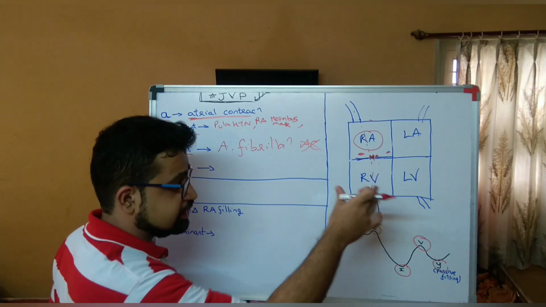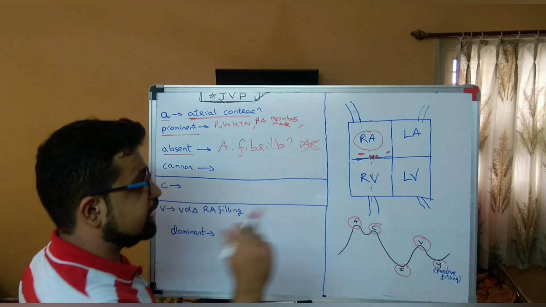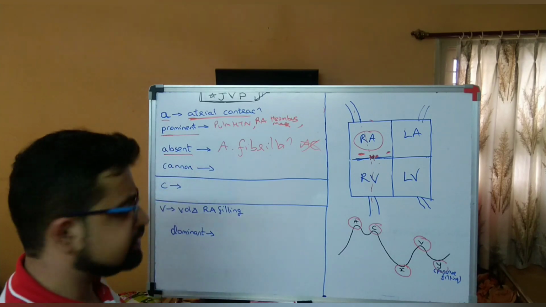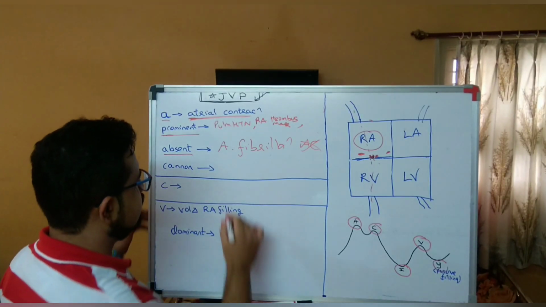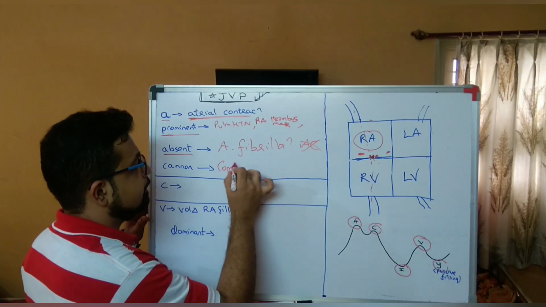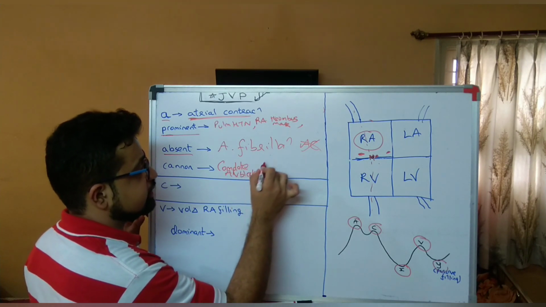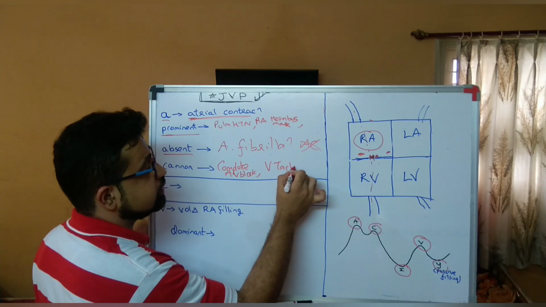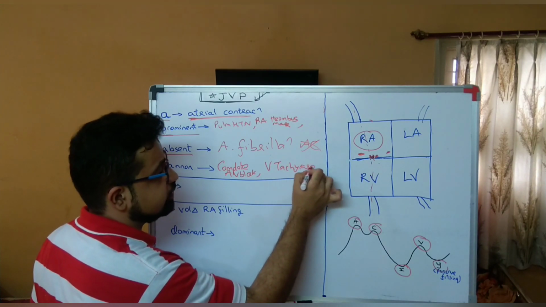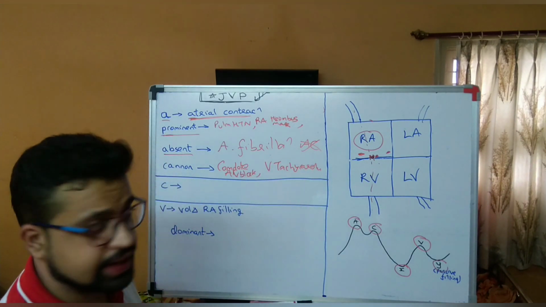When there is contraction in the presence of a closed tricuspid valve, there is some rhythm problem. What rhythm problem would be there? Like complete AV block, right? In the condition of ventricular tachycardia also, you can get the Cannon A waves.